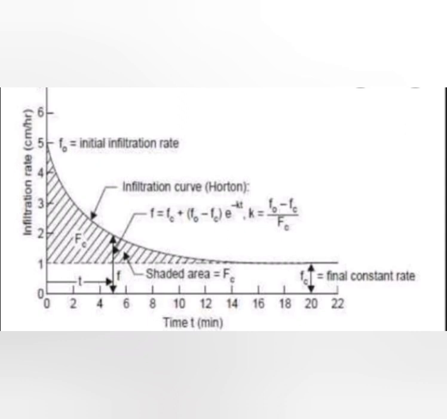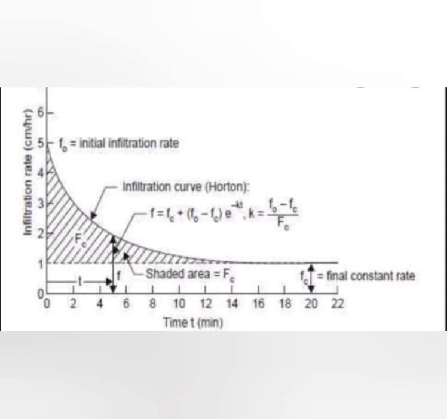Initial infiltration is given by F0. Then we have an equation which states that F is equal to Fc plus (F0 minus Fc) times e raised to minus kt, where F is the infiltration rate at any time t, and Fc is the final constant rate.